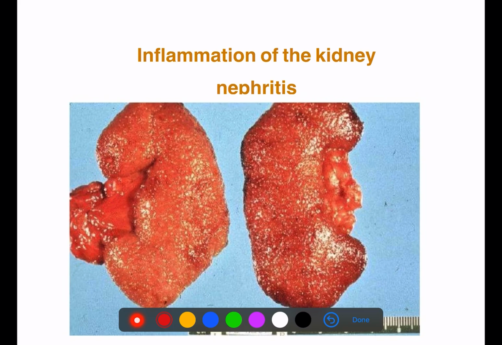There are many types of nephritis, like pyelonephritis. In pyelonephritis, the causative agent usually comes by the ascending pathway from the urethral orifice, through the bladder and ureter up to the kidney, like Corynebacterium renale.